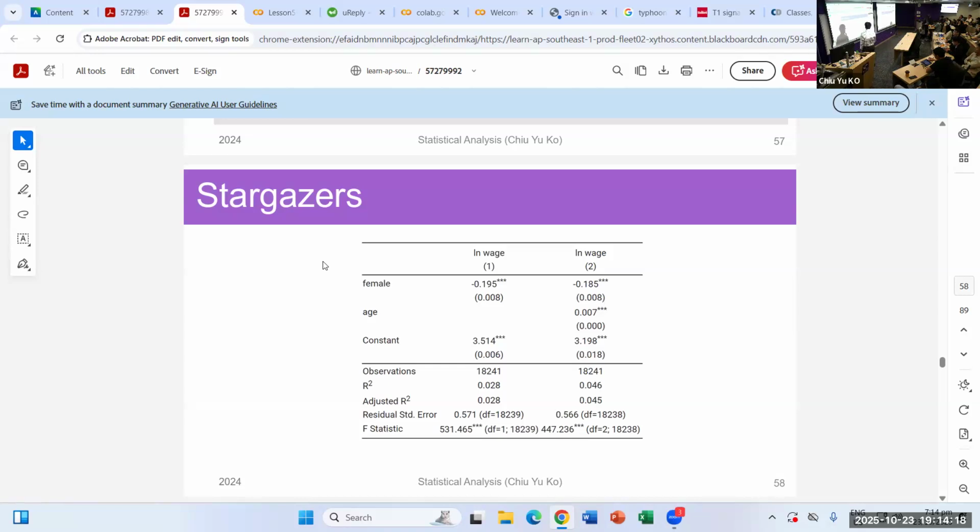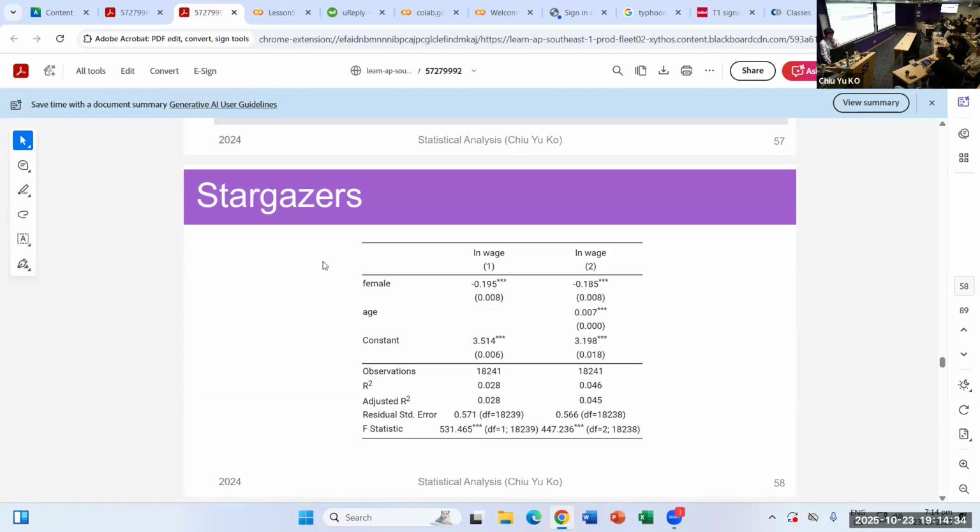So this explains some of the number, and it reduces by 1%. Still, even when you control for experience, the woman is at a disadvantage of about 18%.